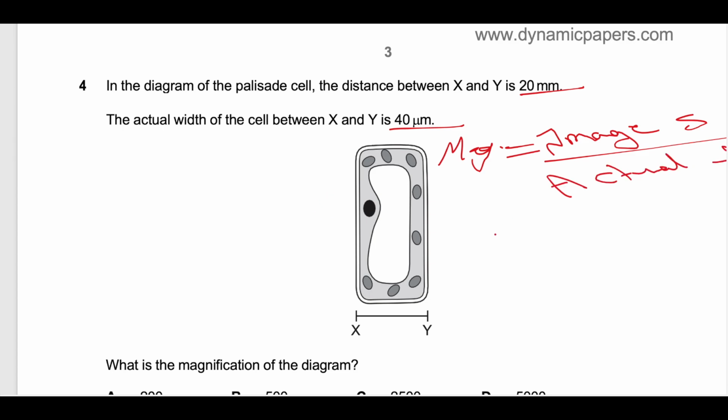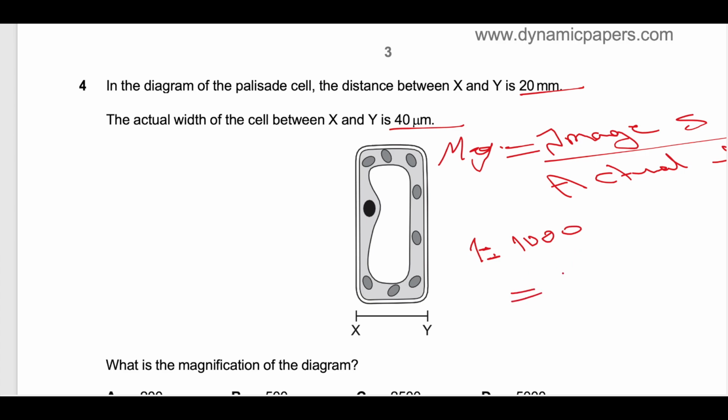Now, the image size here we have it 20, but you can see the unit is different, here in millimeter and here in micrometer. We need to change the unit. The more convenient is to change the millimeter to micrometer. 1 millimeter equals 1000 micrometer.